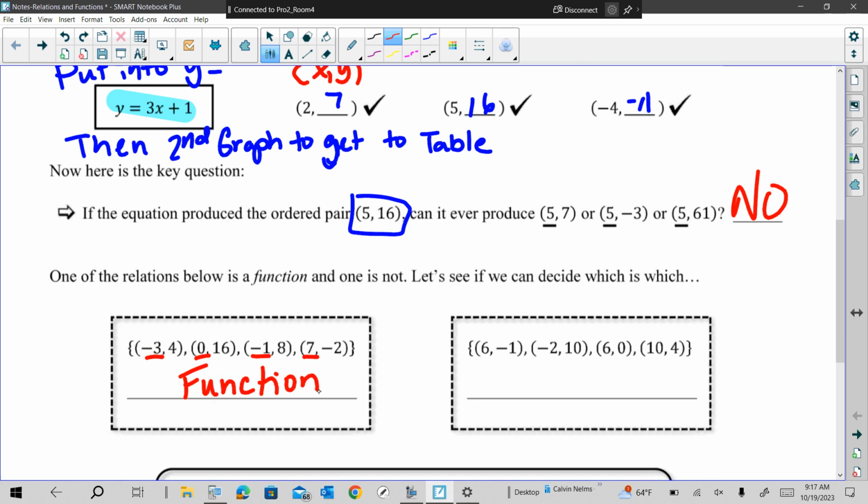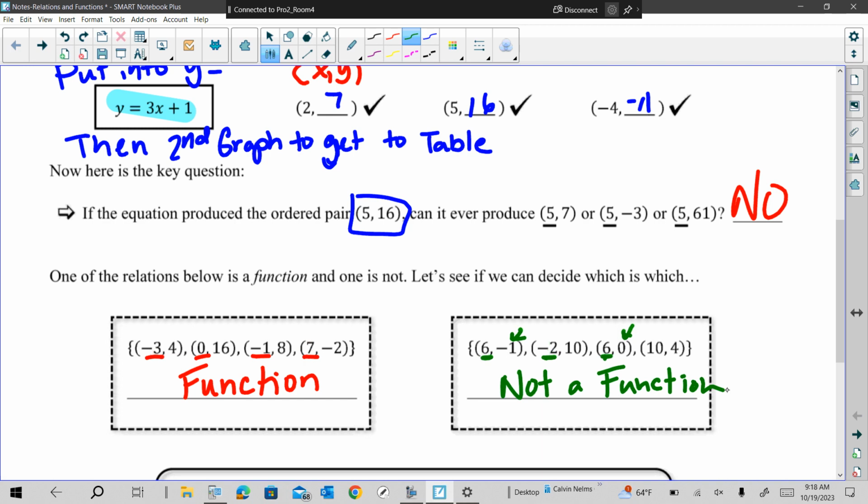Okay? So if you look at the next set, we have 6, negative 2, 6 again. It repeated, and see how it had a different value? So it's not a function. One of the things you're going to have to do today is determine if it's a function or not.